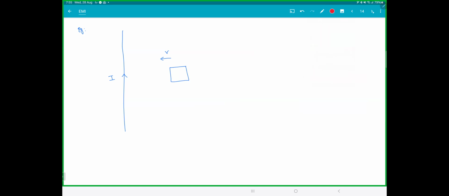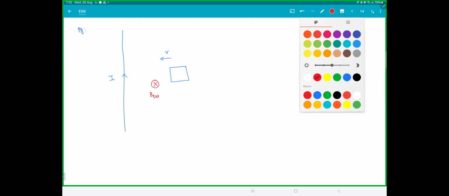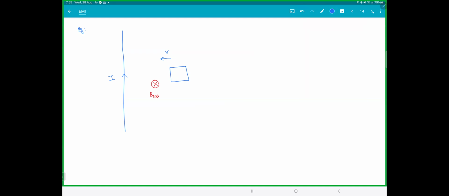Step one, what is the direction of the external field? This is B external. Agreed? That is step one. We will write that in the next class. So this is B external. Fair enough. Second, if you get closer to the wire, what is happening to the flux? If you get closer to this thing, flux increases. Great.